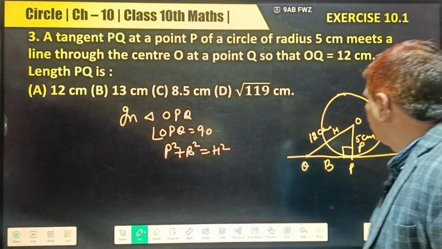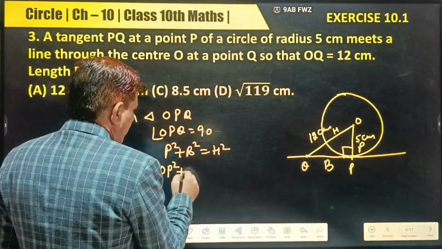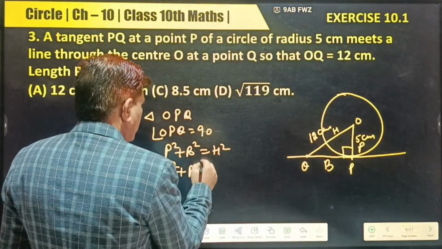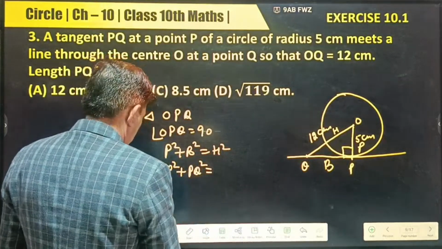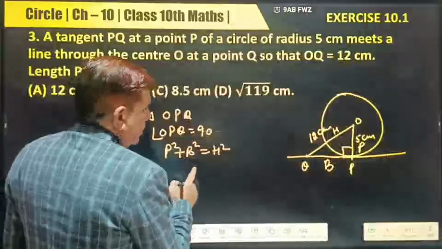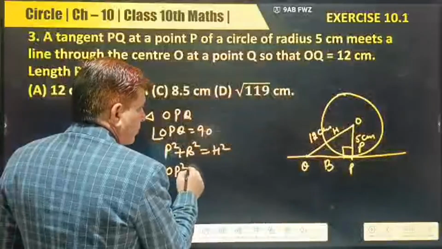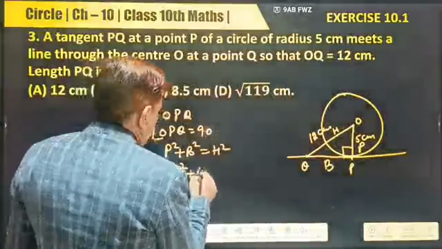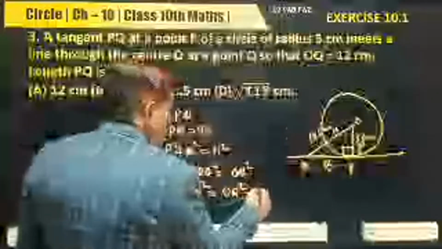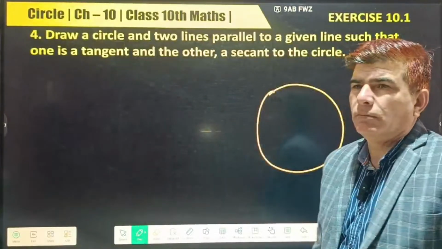So OP square plus PQ square is equal to OQ square, so PQ square is equal to OQ square minus OP square.